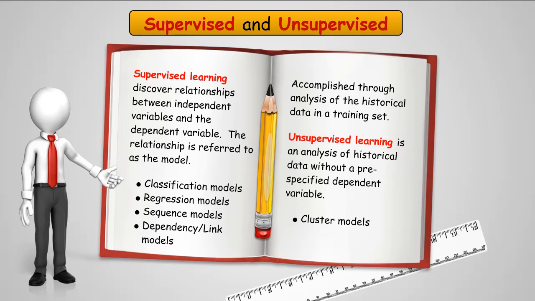And it's all accomplished through an analysis of historical data that we're going to call a training set. There's also unsupervised learning. This is the analysis of historical data without a specified dependent variable. In other words, usually we're just clustering data together to find groups that exist within our data.